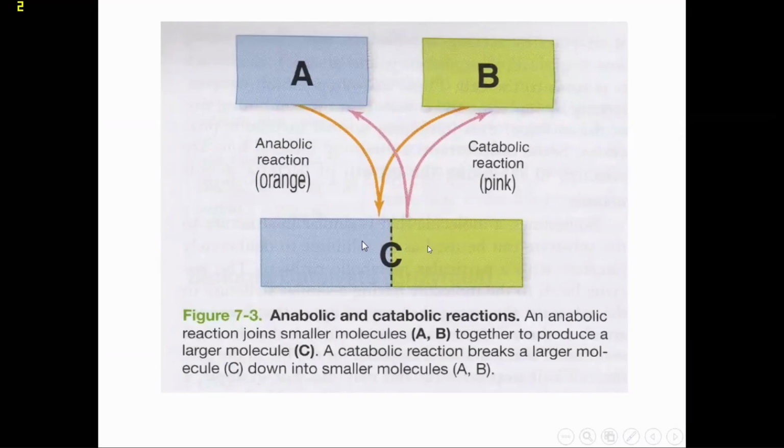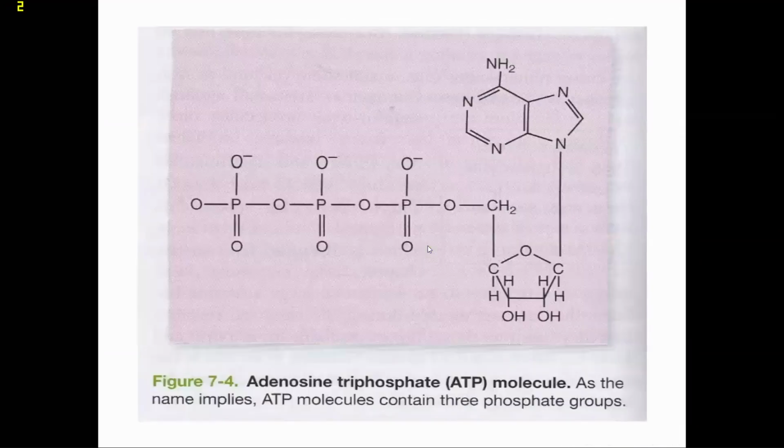How is the energy transferred? It is mediated by adenosine triphosphate, triphosphate, 3-phosphate, 1, 2, 3. So when we say triphosphate, it means that the adenosine molecule, this one, has 3 phosphate units. We call it ATP.